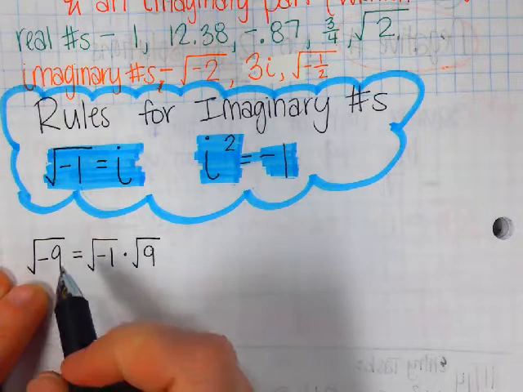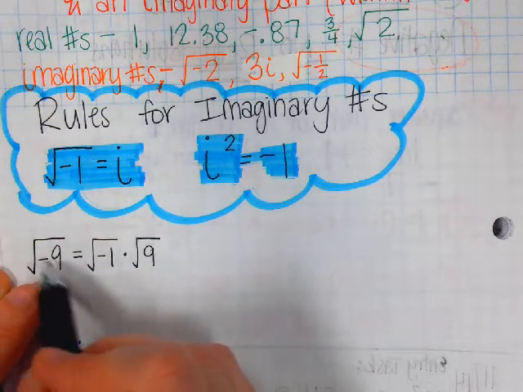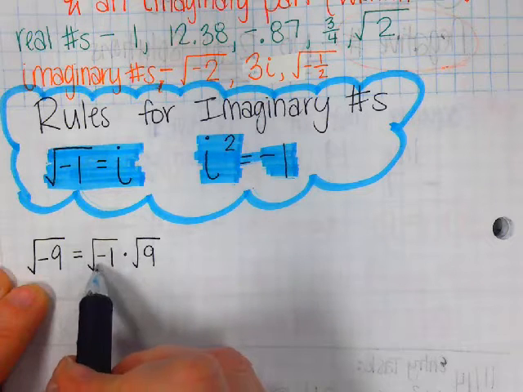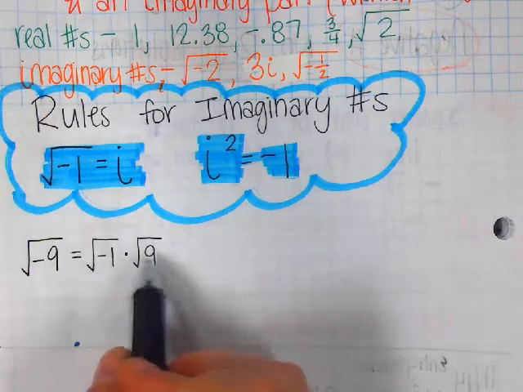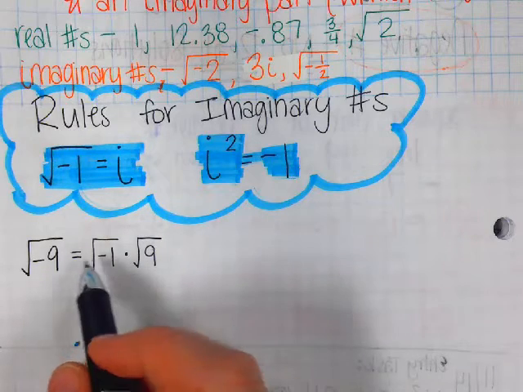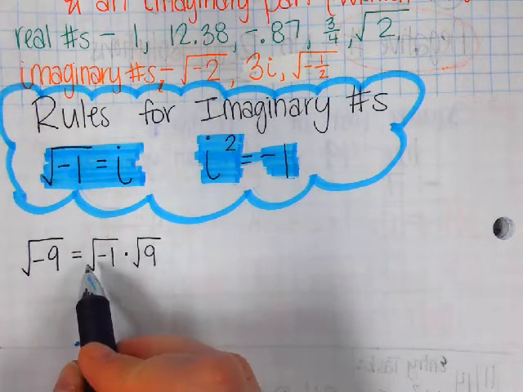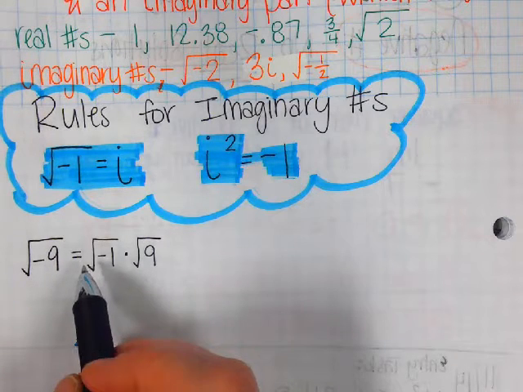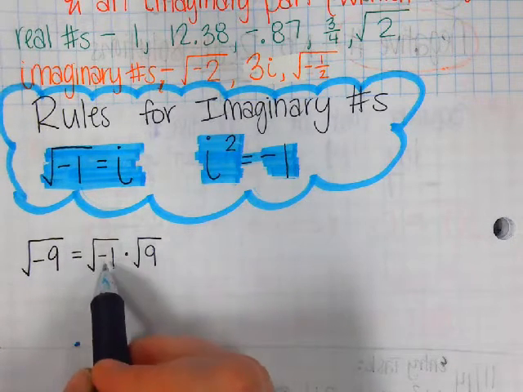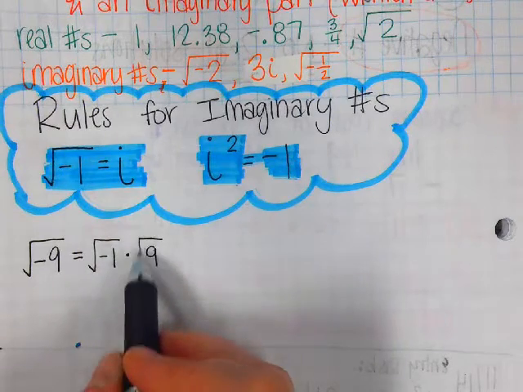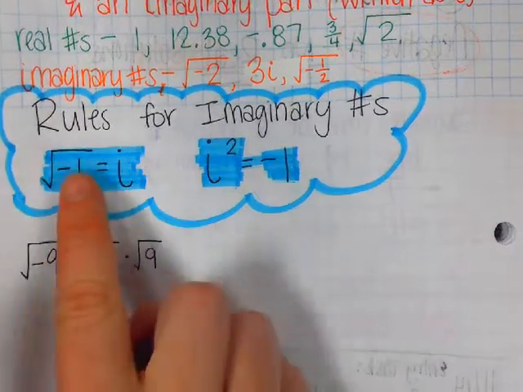If you remember simplifying radicals, you can always separate them out. We will be doing simplifying radicals in the next couple of days. So you can break this up as the square root of -1 times the square root of 9, because -1 times 9 gave you that -9.